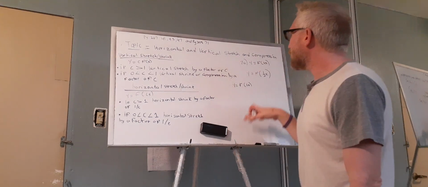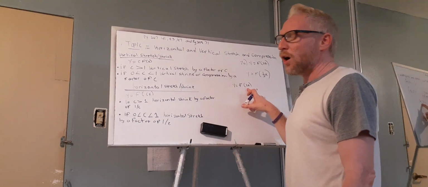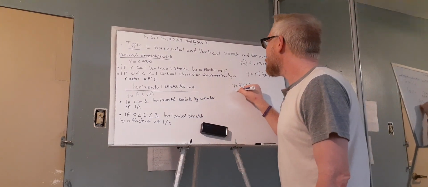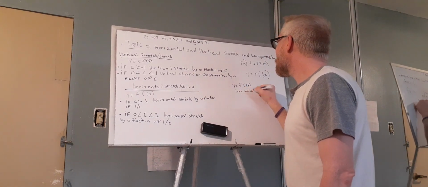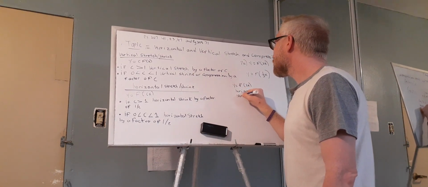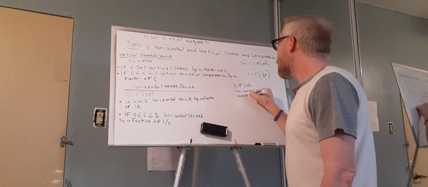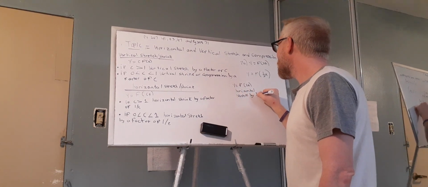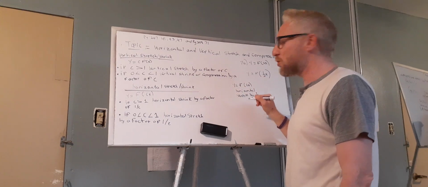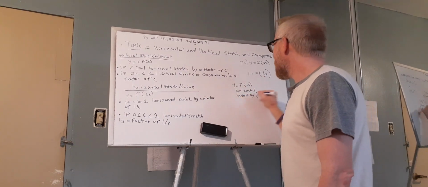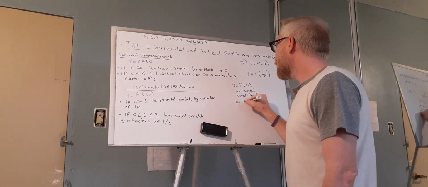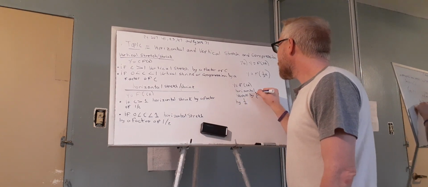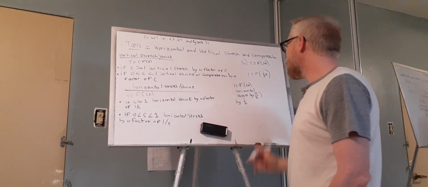It's saying that since this is greater than 1, then I actually have a horizontal shrink or compression by 1 over c, and the c is actually the 2, so in reality this is by 1/2.